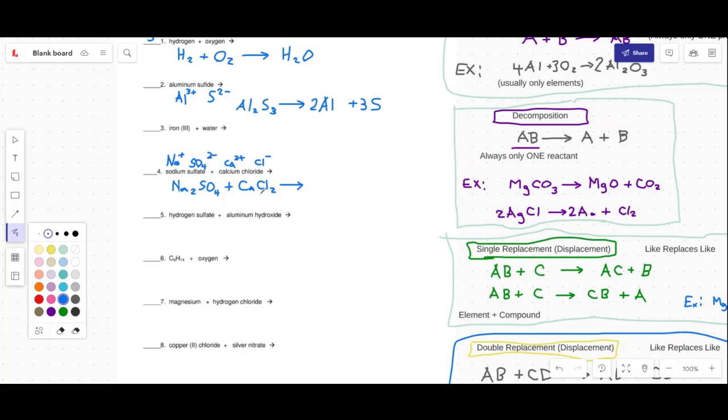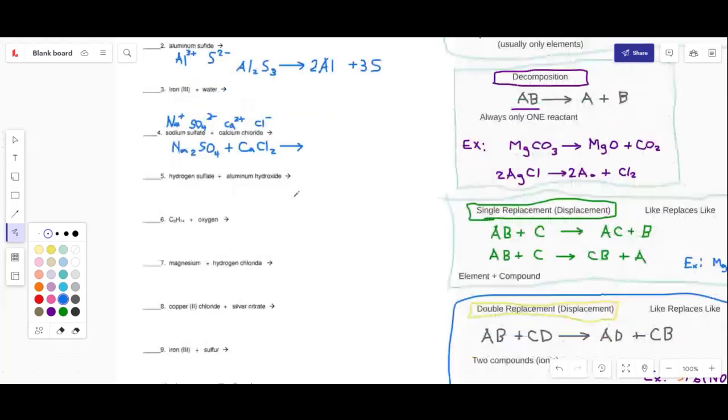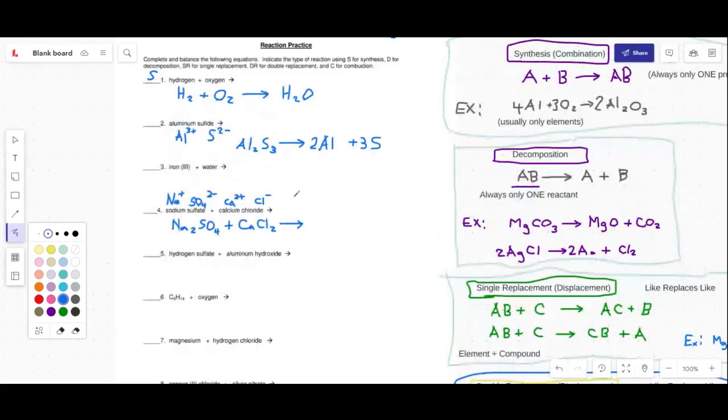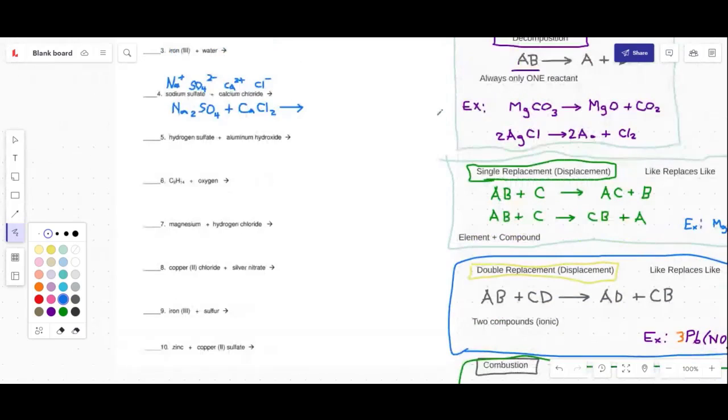I have 2 ionic compounds, so what type of reaction is this? Double, very good. Double replacement reaction. Right on, Krista. So, this is a double replacement reaction, which means I have to switch the ions.